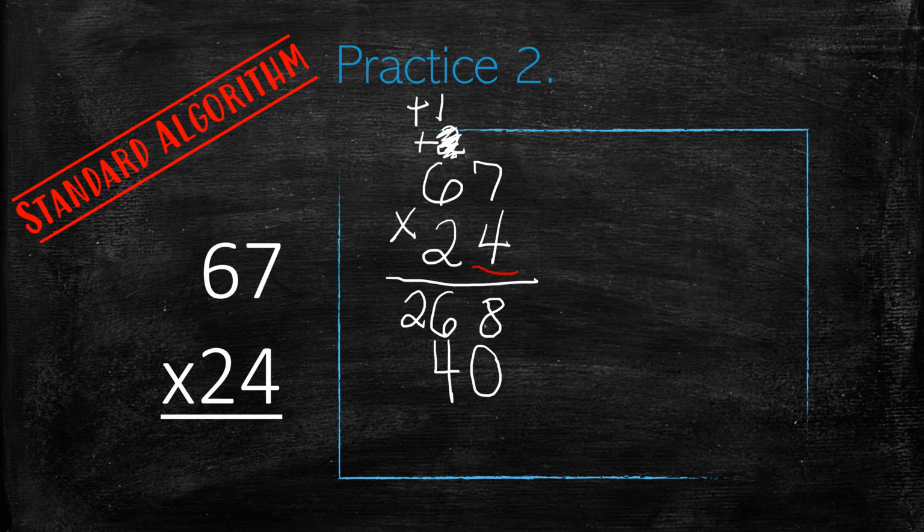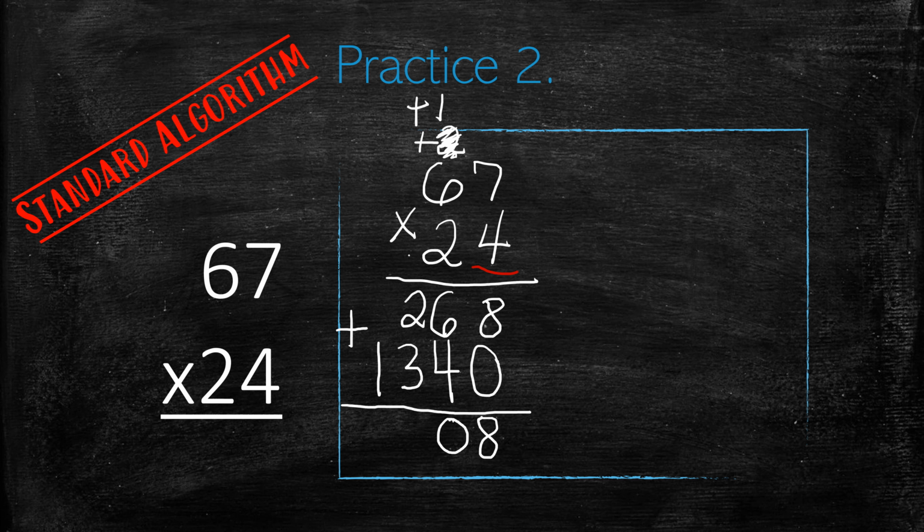So now we're doing 2 times 6. 2 times 6 is 12 plus 1 is 13. So I'm going to go ahead and write 13. And now we are all set to add, right? Because remember, multiplication is repeated addition. So then I'm doing 8 plus 0, which equals 8. 6 plus 4, which equals 10.